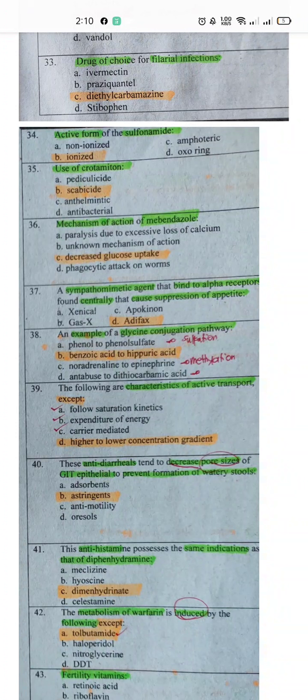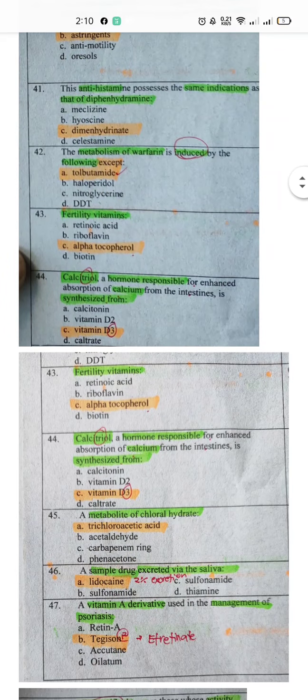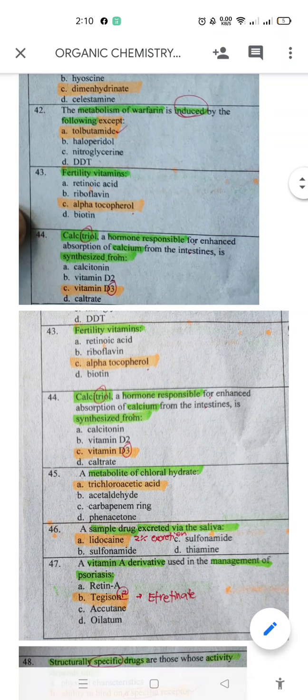Together with calcitriol, vitamin D3 promotes or enhances the absorption of calcium from the intestine. So, calcitriol plus vitamin D3 enhances the absorption of calcium from the intestine. Number 45.